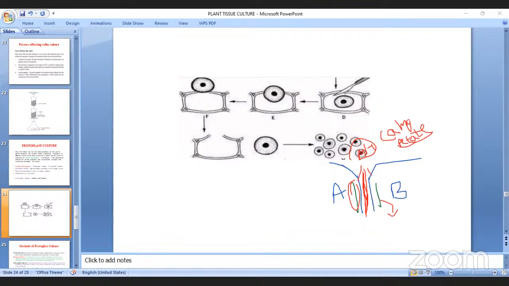If you want to separate the cells, which enzyme is utilized here? Okay, this is primary and green color is secondary. What about the next one, after the secondary layer?